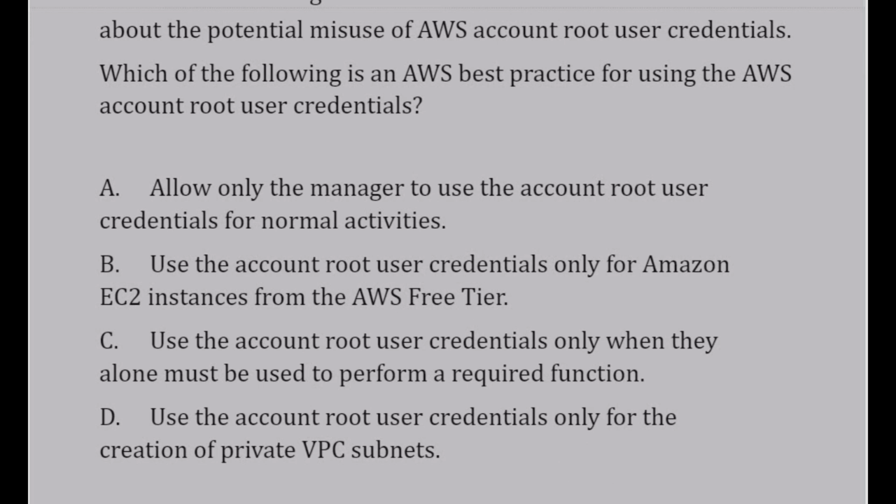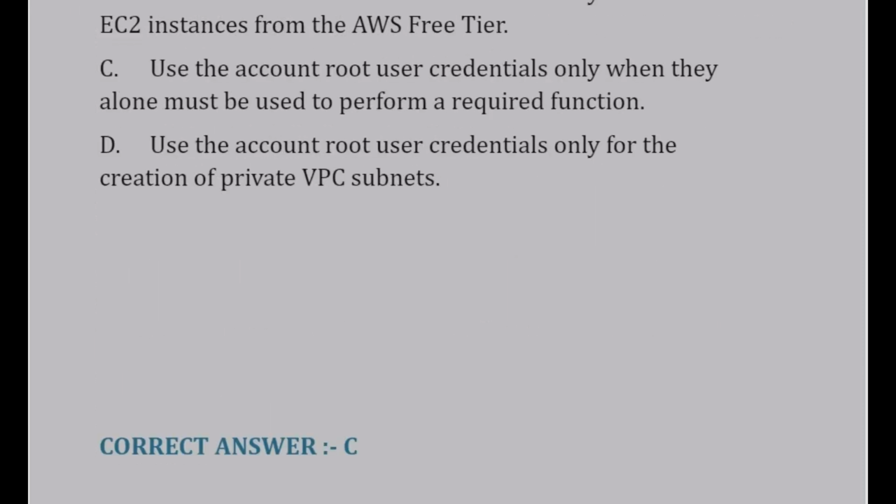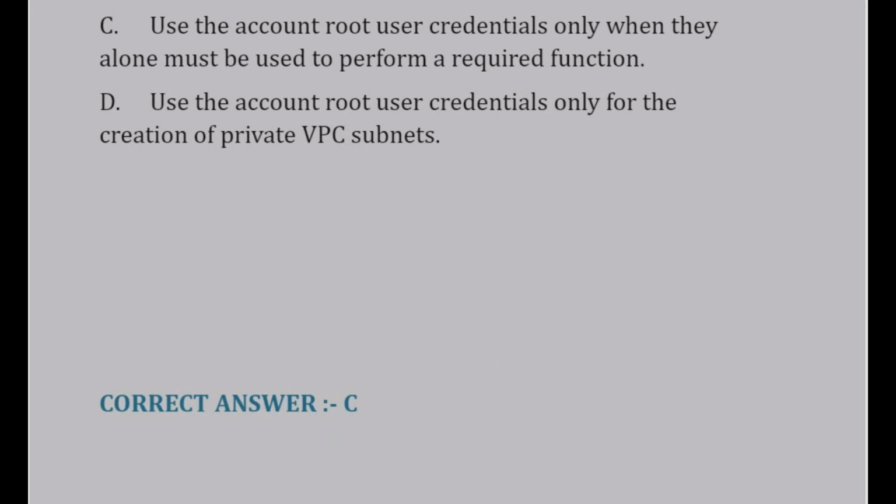Option B, use the account root user credentials only for Amazon EC2 instances from the AWS free tier. Option C, use the account root user credentials only when they alone must be used to perform a required function. Option D, use the account root user credentials only for the creation of private VPC subnets. Correct answer is option C.